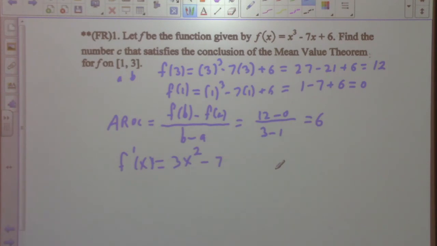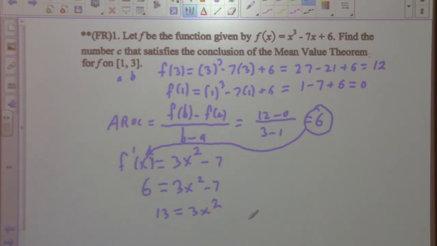All right, here, what you'll do is you take this thing right here and replace this thing right here with 6. So you have 6 is equal to 3x squared minus 7. That's what Aaron just said. Is that what you said? So 13 equals 3x squared.